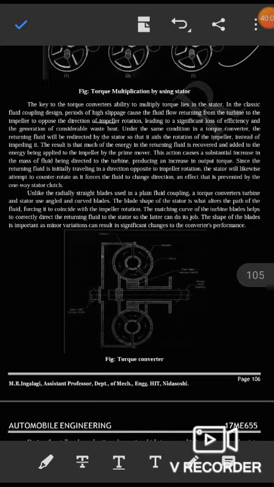The matching curve of the turbine blades helps to correctly direct the returning fluid to the stator so that the latter can do its job. The shape of the blades is important, as minor variations can result in significant changes to the converter performance.